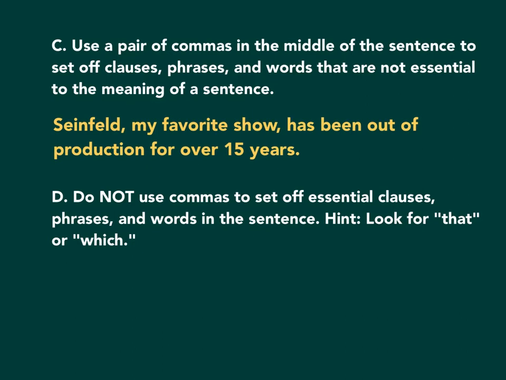The next concept is do not use commas to set off essential clauses, phrases, or words in the sentence. And a good way to tell if a group of words is essential or non-essential is essential phrases will begin with that, non-essential phrases will begin with which. It doesn't work in every sentence. We won't have that or which in every sentence, but it works often enough to be a useful clue.